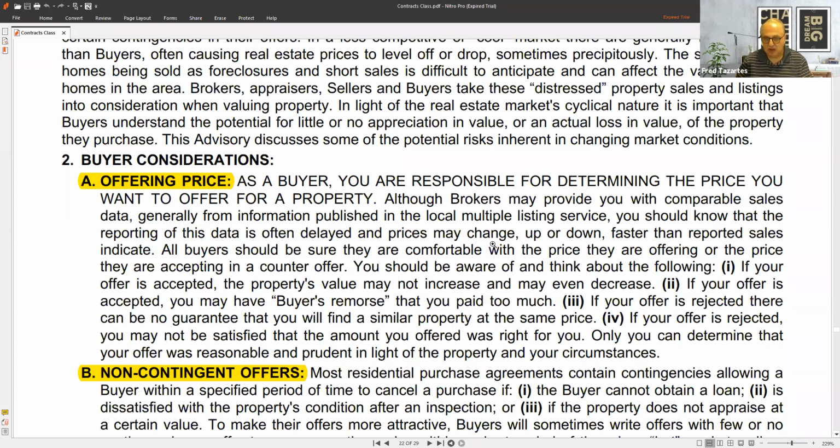What would you like to offer? Because the minute we say something, if they don't get the property, it's like, well, we didn't offer enough. You told me not to do that. If they do get the property, they go, wait a minute, maybe we offered too much for it. So if it's their decision, we're just giving them the information to make that decision.